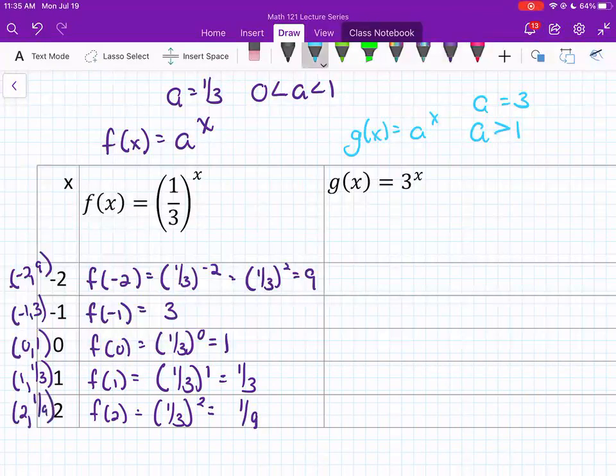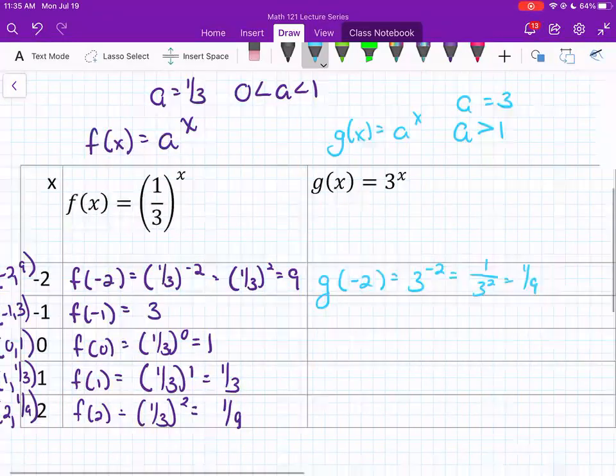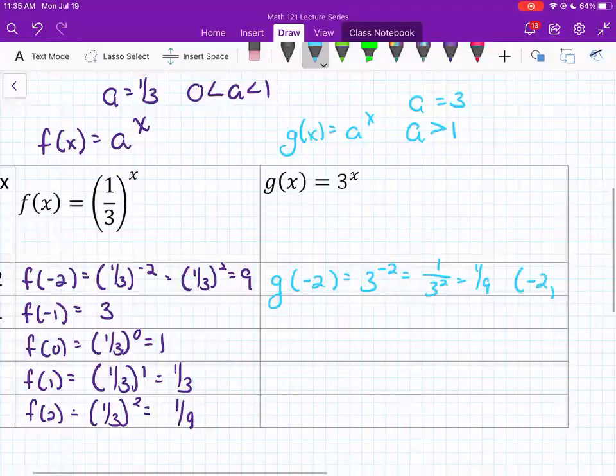In contrast, when we look at g of x, where a is greater than 1, plugging in the same values, we get g of -2 is equal to 3 to the -2. Remember, that moves the 3 to the bottom, so we get 1/9, which results in the point -2, 1/9.